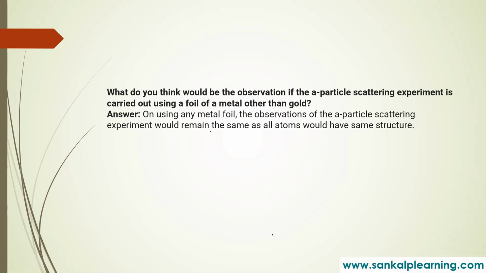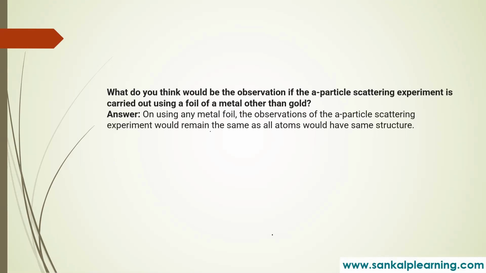Other metals can also be used, but why did we specifically use gold? I think you have studied the properties of metals. Gold has one special property, malleability, which means it can be made as thin as possible.